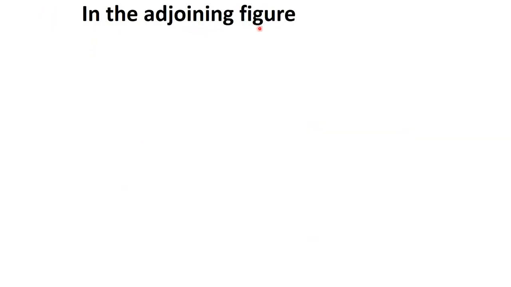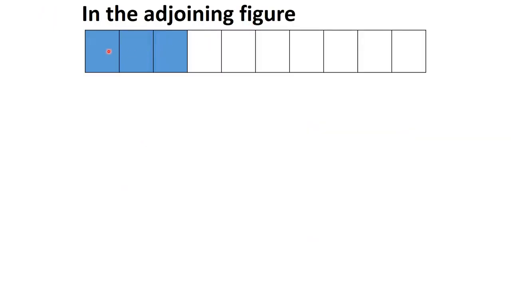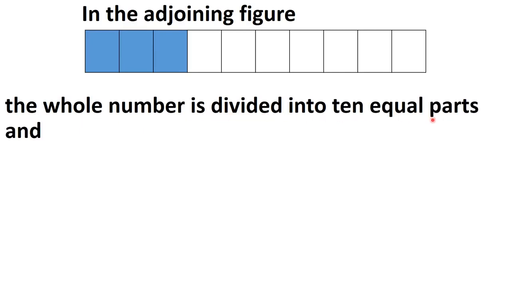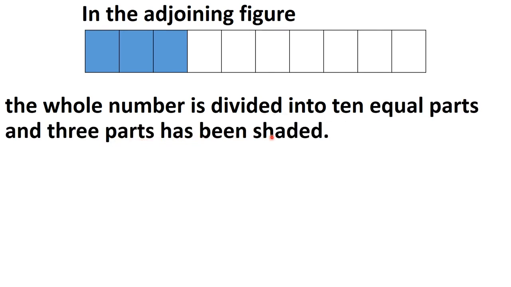In this figure, again the given figure is divided into 10 parts and 3 parts are shaded here. The whole is divided into 10 equal parts and 3 parts have been shaded.